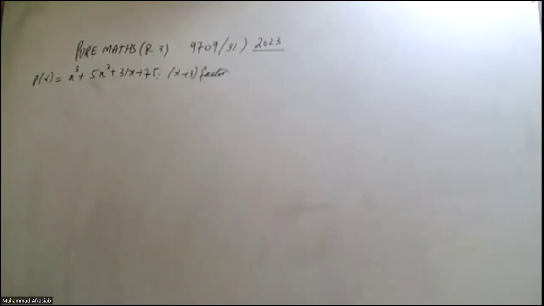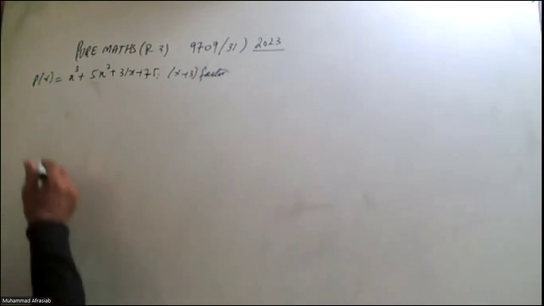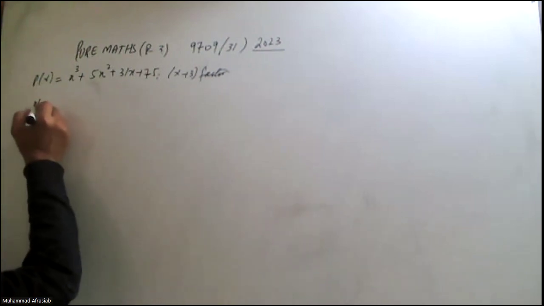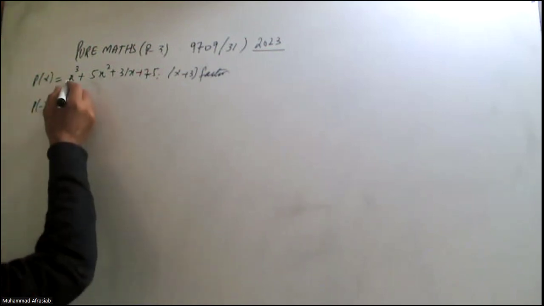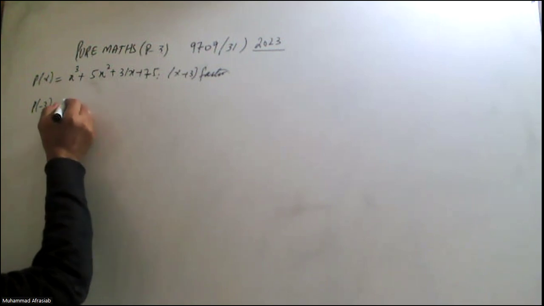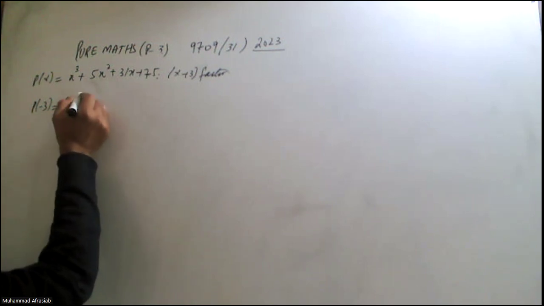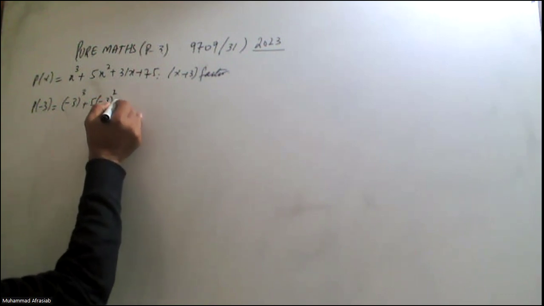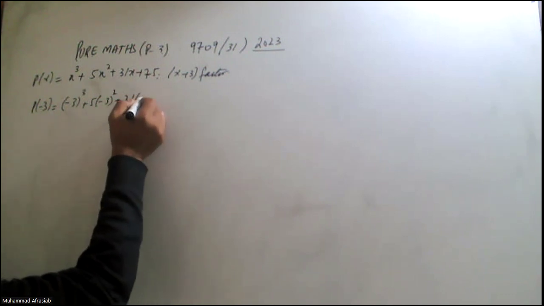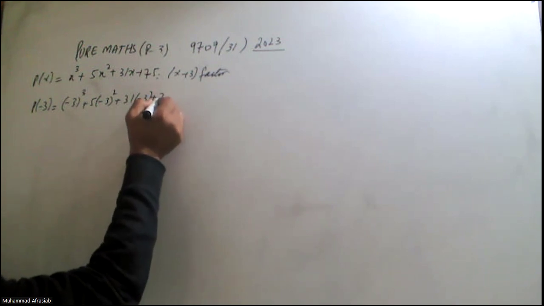Since x plus 3 is a factor of this polynomial, you can directly write P of minus 3 equals minus 3 whole cubed plus 5 into minus 3 whole squared plus 31 into minus 3 plus 75.